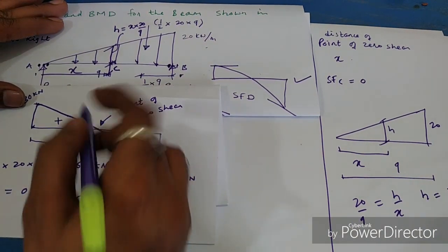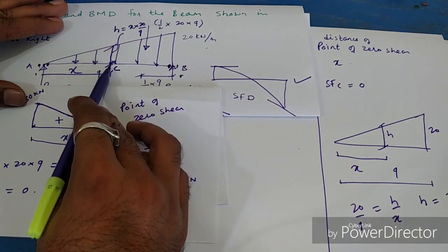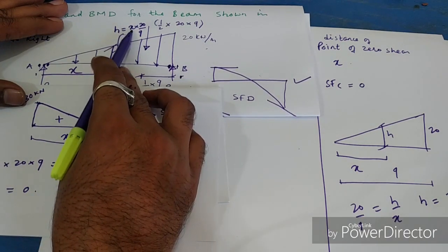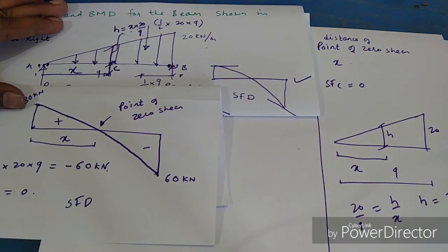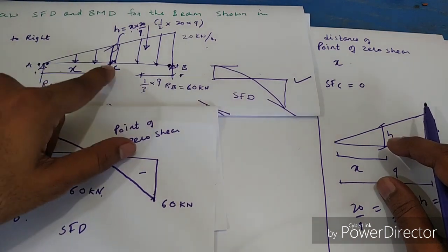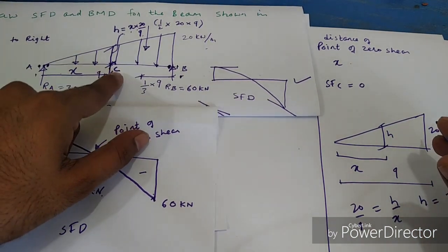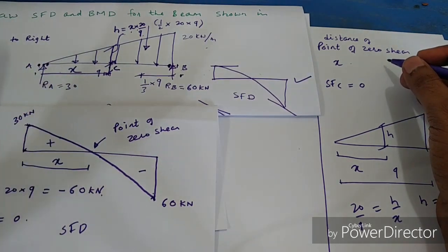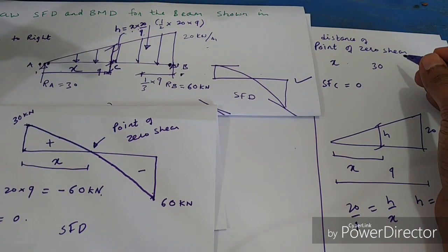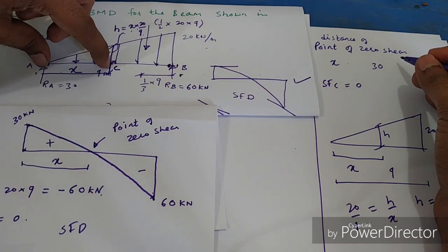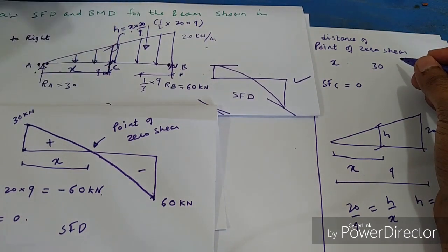So this is the intensity of the load at C, h equal to x into 20 by 9, and this distance is x. Okay, so we need to see what is the shear force at this point C. So we will travel from A to C. 30 is going upward, and this UVL which is having width x and height h is going downward.